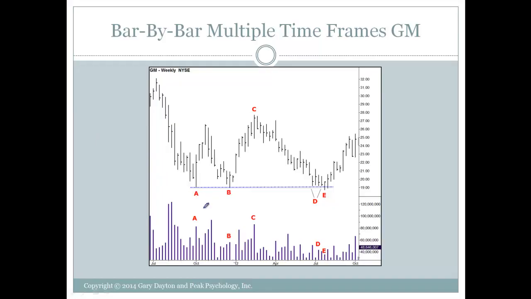But again, you can see as we come down to this level, buying comes in on the weekly, right? We see that nice volume coming in. We come back down to B, and we see volume dry up down here. Still, we see buying, and we're holding in here pretty nicely. We get a good rally up, a good sign of strength.